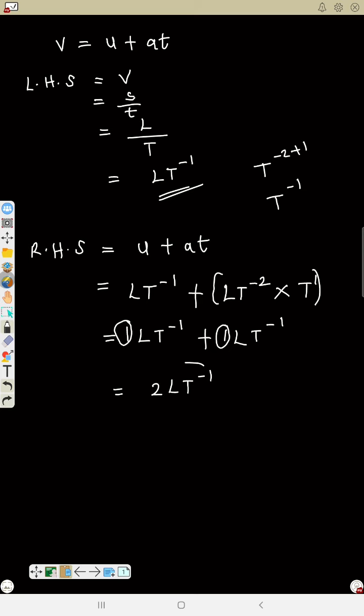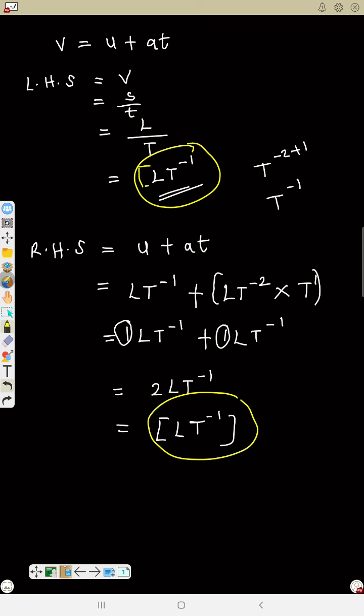And as an ordinary number is dimensionless, 2 will be dimensionless. So that means this will be LT raised to power minus 1. If you check now, the dimension of the left hand side is equal to the dimension of the right hand side. That means this formula is dimensionally correct, so the formula may be correct. So that's it. Now let's say another one.